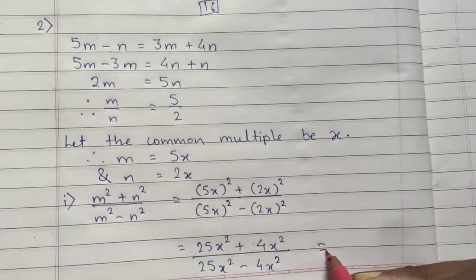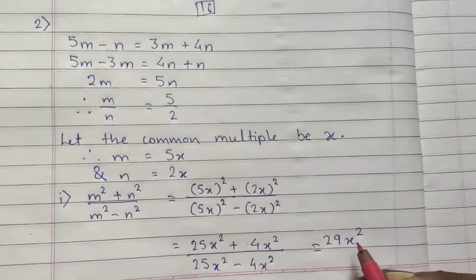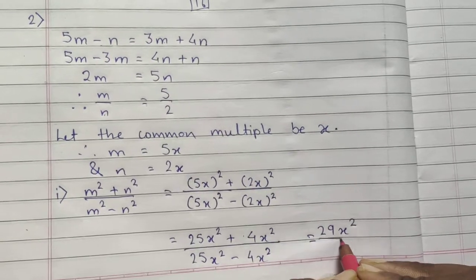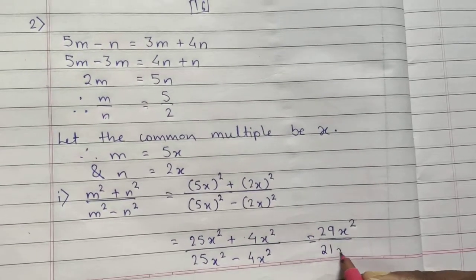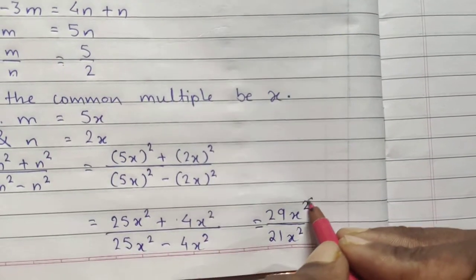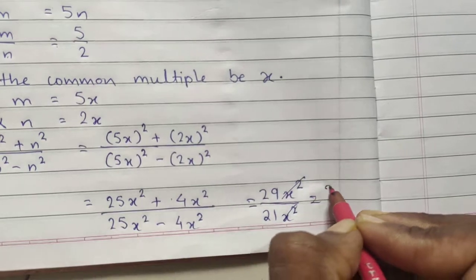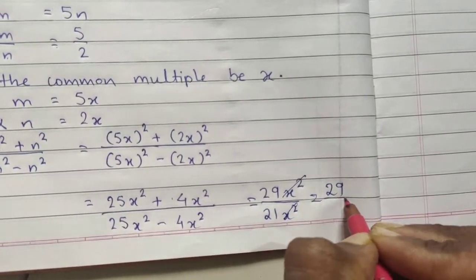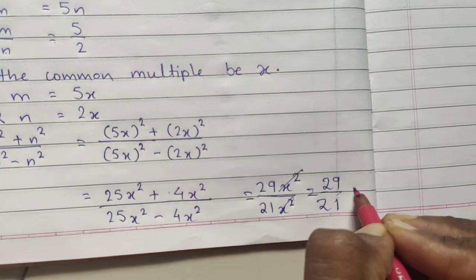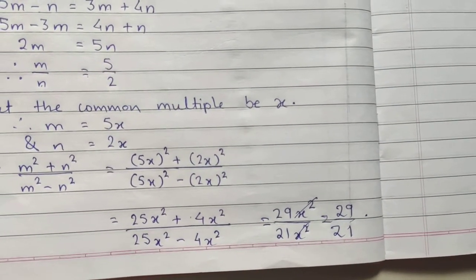If you do 25 plus 4, you get 29, and if you do 25 minus 4, you get 21. Then x square gets cancelled, and finally you get 29 upon 21. So this is the answer of the first part.